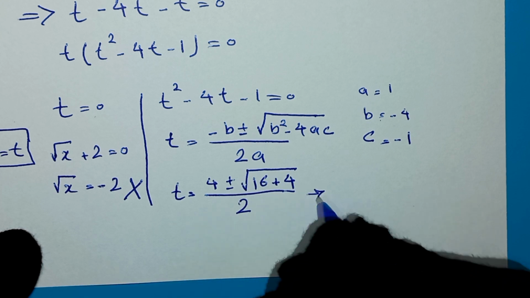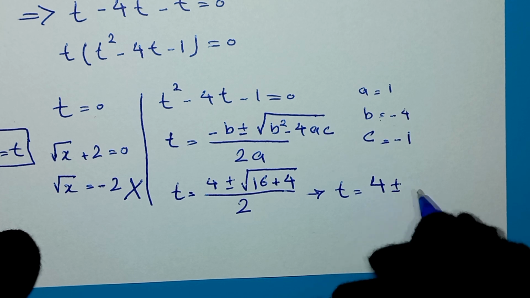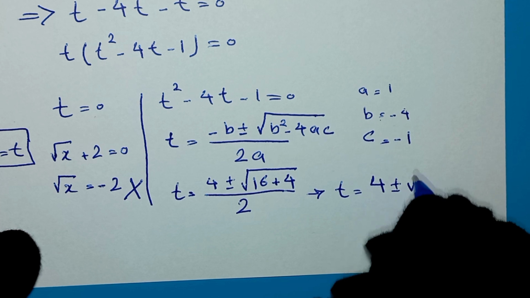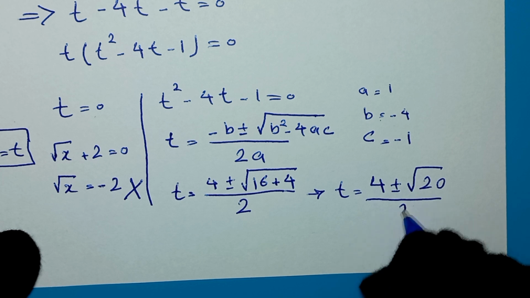And in here, t is equal to 4 plus or minus square root of 20 divided by 2.